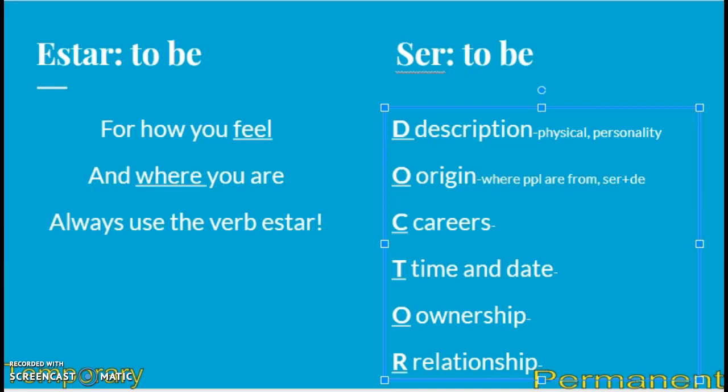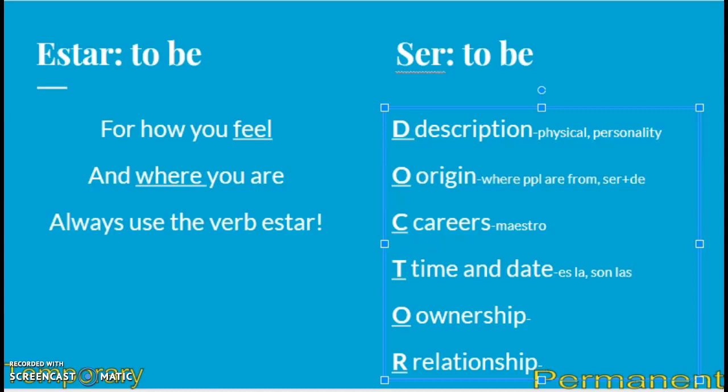Careers would be jobs. Some careers you probably know already would be maestros. That's really the only one we know so far. Time and date. So remember es la, son las for time are all forms of ser.